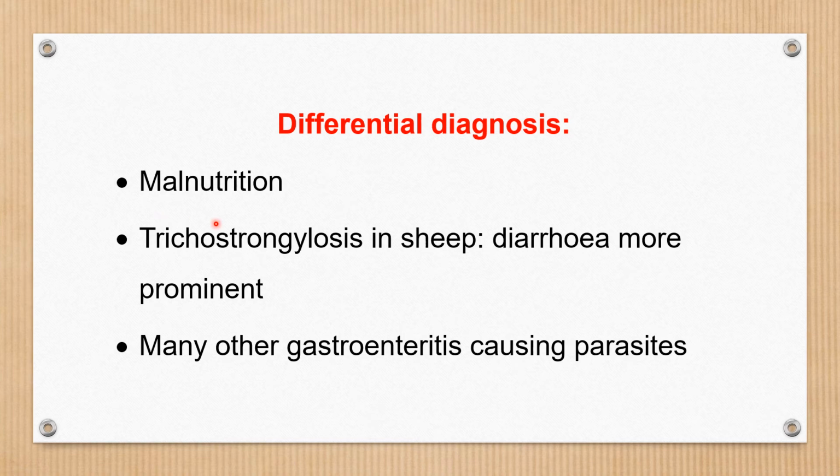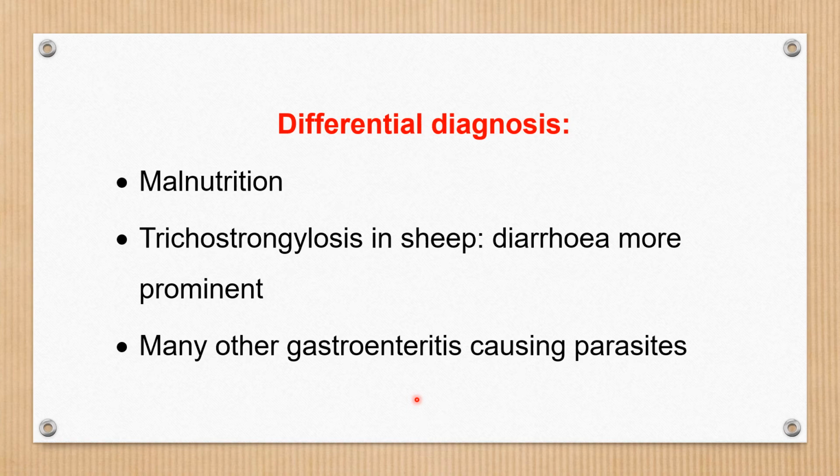Even malnutrition also causes these symptoms. Trichostrongylosis in sheep, but here diarrhea is more prominent, but it is not diagnostic. Like this, so many other parasites, nematodes, cause gastroenteritis and produce similar symptoms. It is difficult to differentiate.